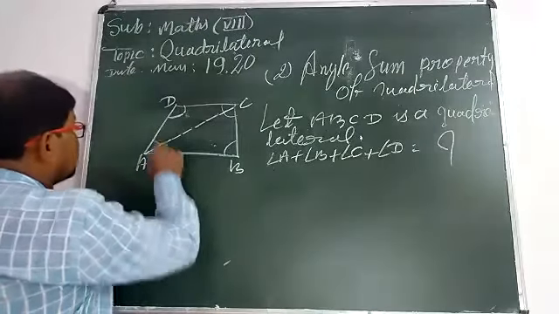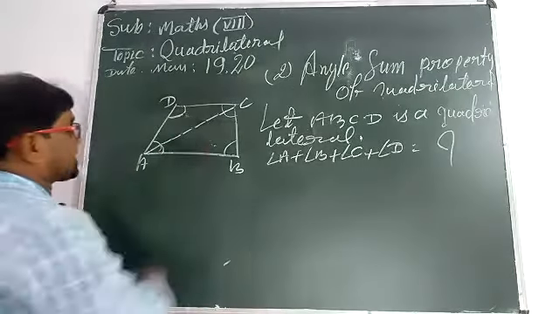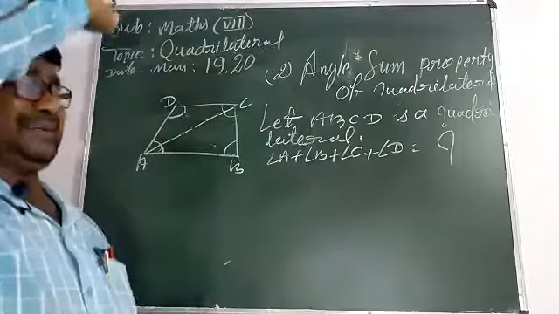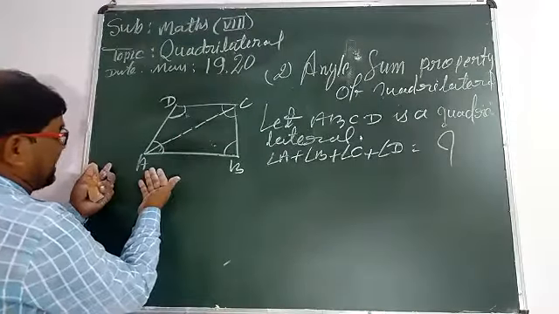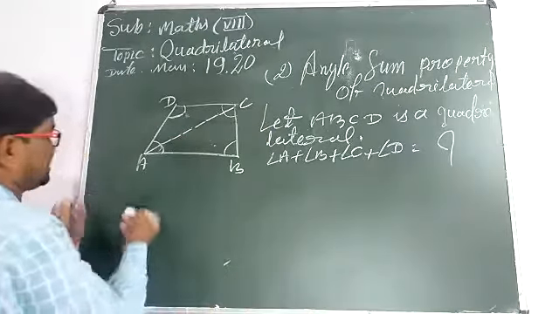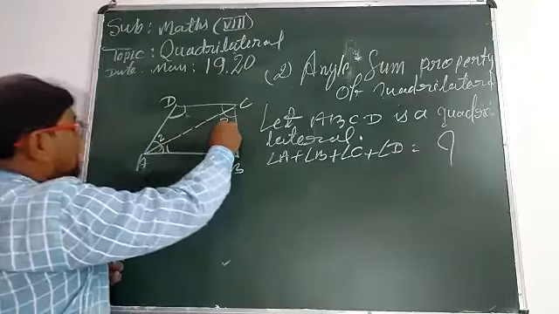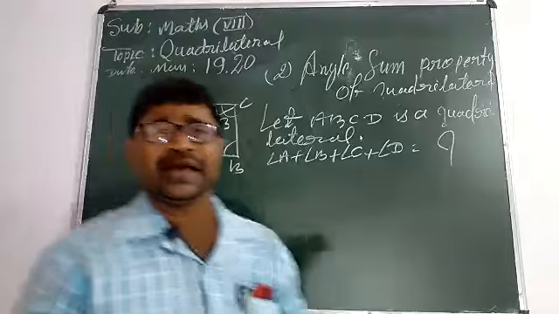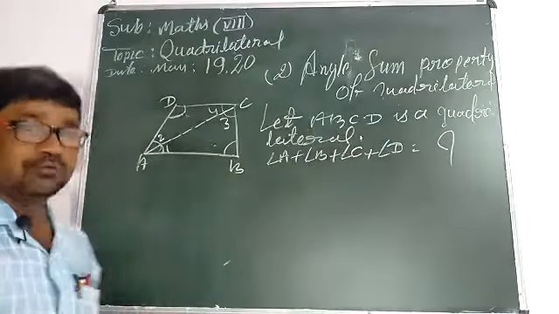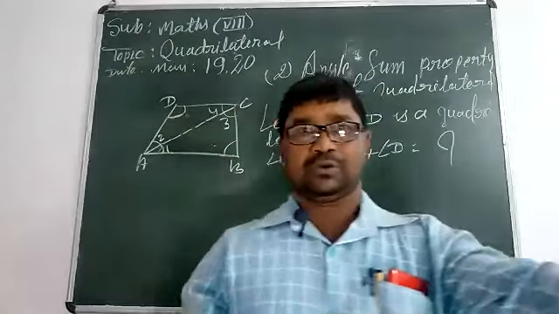It means angle A is divided as well as angle C is divided. Suppose this is angle 1, that is angle 2, this is angle 3, that is angle 4. Angle A is divided by this diagonal into two parts: one part is angle 1, another part is angle 2.